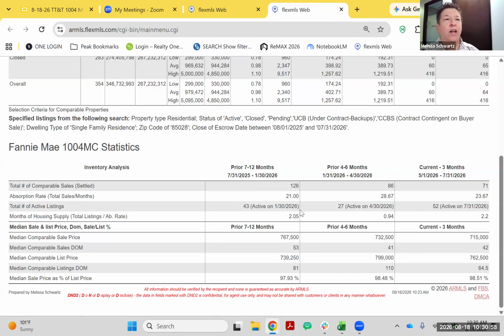People got greedy, like, oh no, let's see what the market will give me. Well, probably didn't give you anything. You didn't sell, right? And then we dropped to 64. So that is a good sign that the most recent 3 months, people, and they might have started high, but they must have been dropping those prices quickly because they were selling in 64 days.